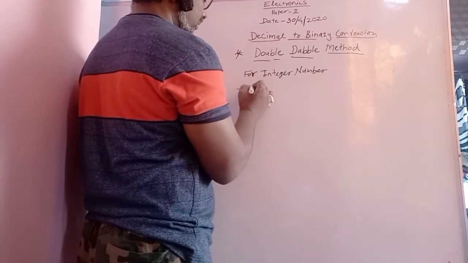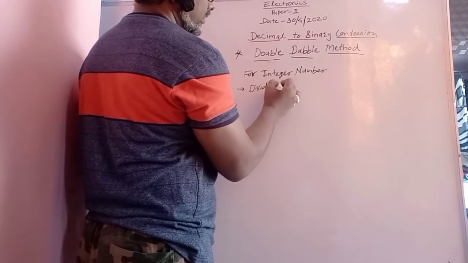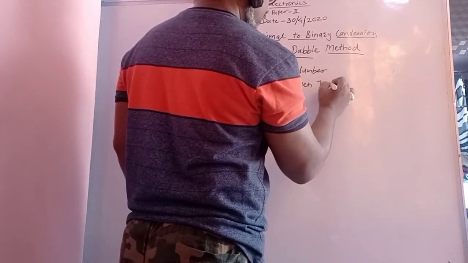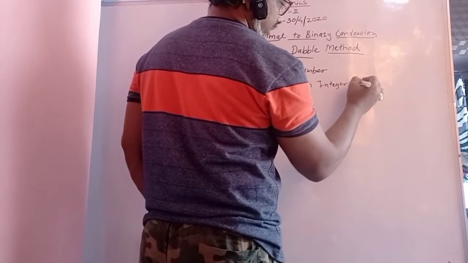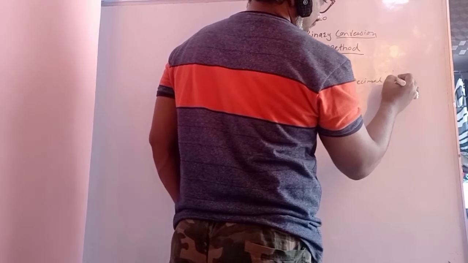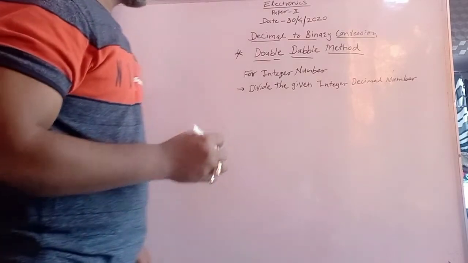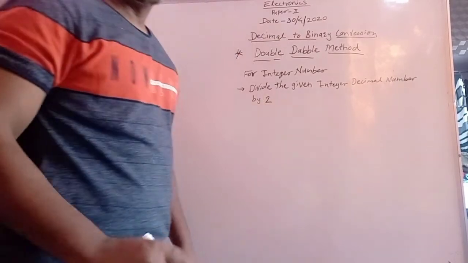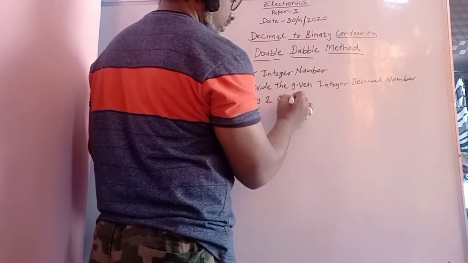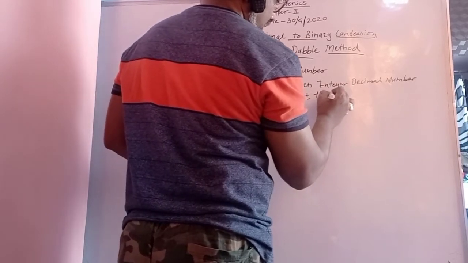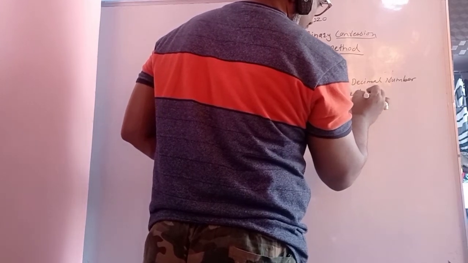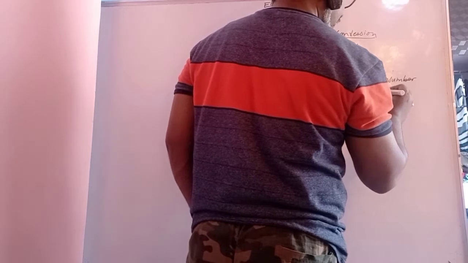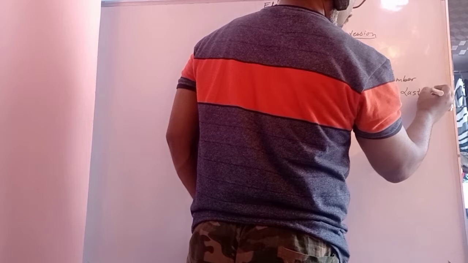So you have to divide the given integer decimal number by 2 and collect the remainders from last to first.